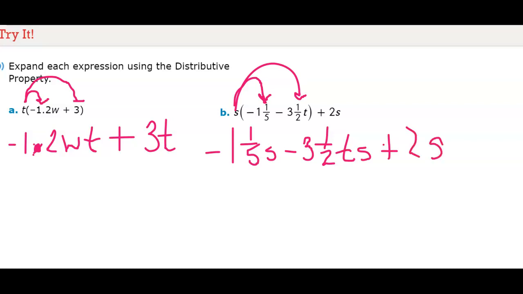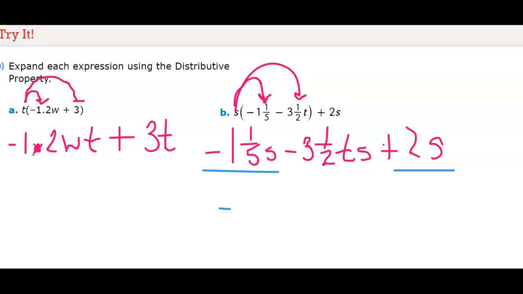Now you look to see if you have like terms. In this instance, we actually do have like terms. The terms are -1 and 1/5 S and the 2 times S. So we're going to combine those.